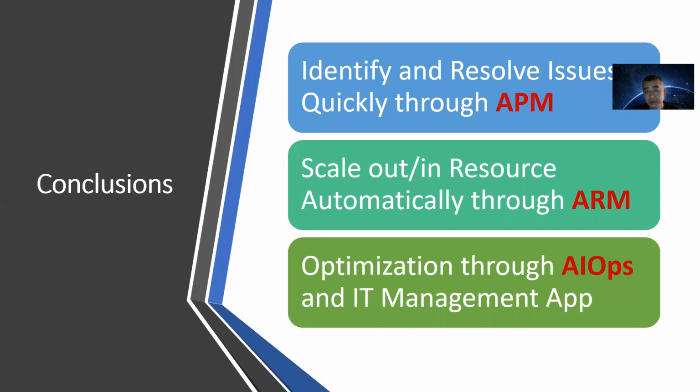Now we come to the conclusion. The conclusion for this short presentation is that we went through our IBM example: the IBM product Instana for the APM, and the IBM product Turbonomic for the ARM, and also AIOps, and an IT management application, for example ServiceNow. How can we put these four products together to address the enterprise questions?